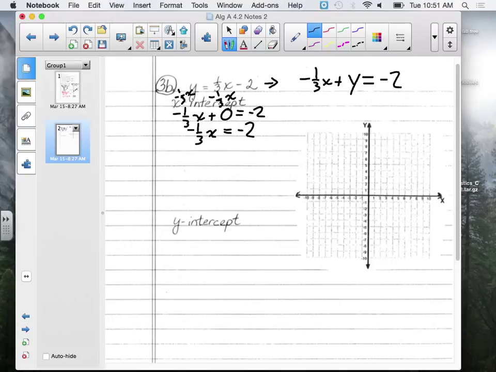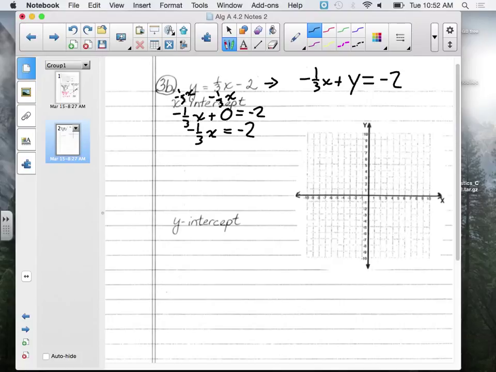And if we're trying to solve for x, how would we get rid of that -1/3? Okay, I'm hearing a lot of stuff. Oh, you would do the reciprocal.